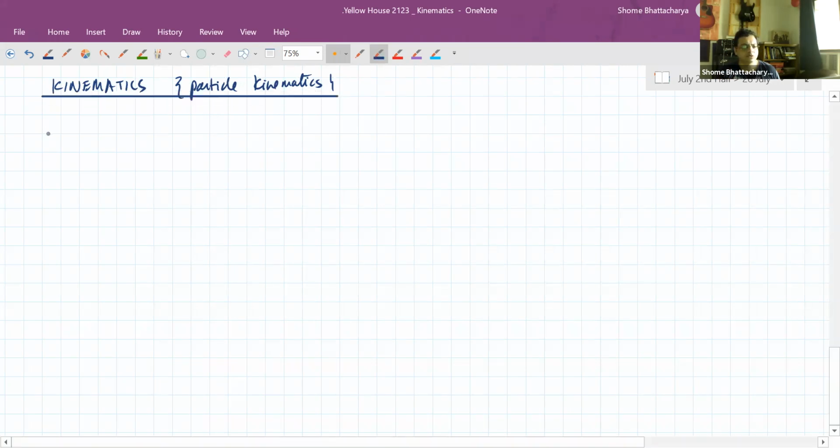So first thing we will do is learn about the parameters, or you can say the physical quantities, used to describe kinematics.